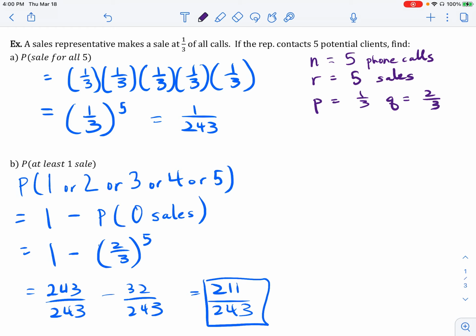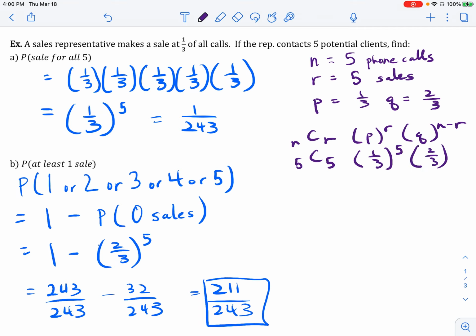I would say my n choose R would be 5 choose 5, which is just 1, times P to the R power times Q to the N minus R power. In other words, this would be 1/3 to the 5th power, and Q was 2/3. What's 5 minus 5 there? We would say to the 0 power.